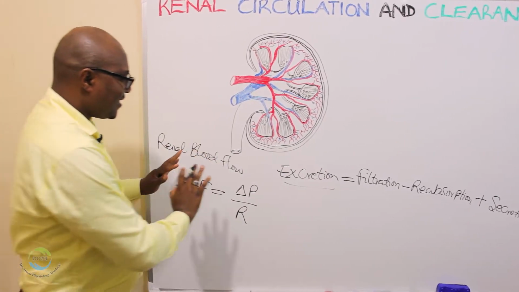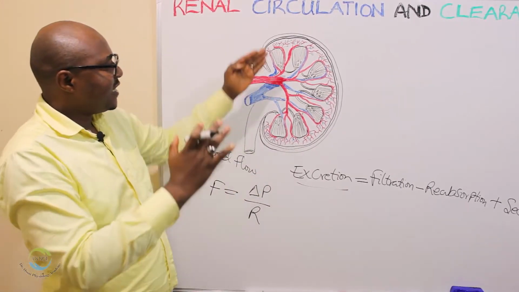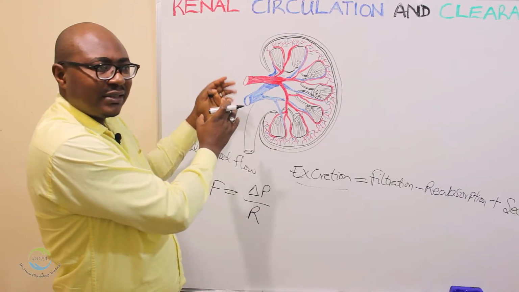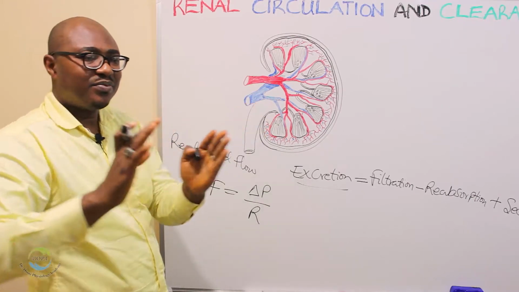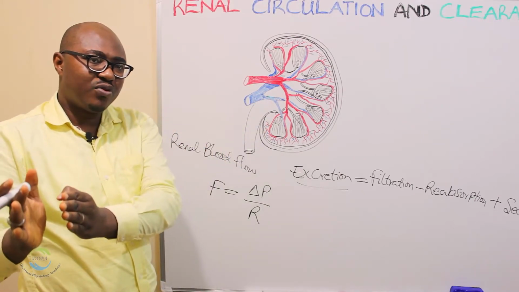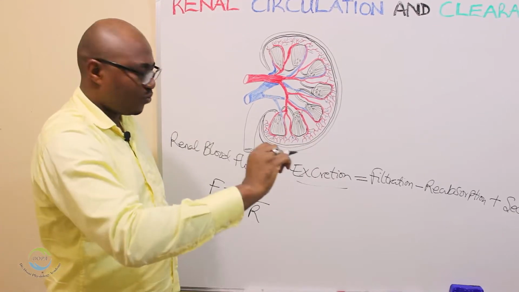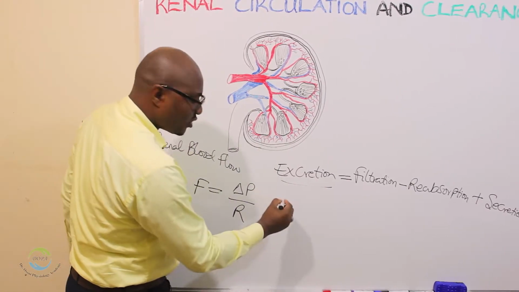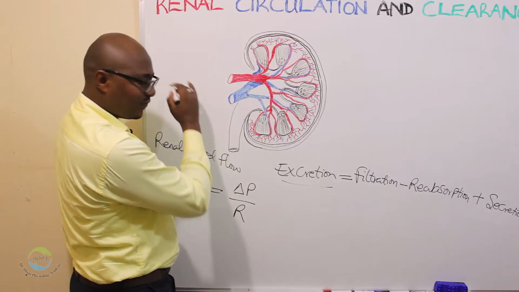This is very basic. Flow is directly proportional to the pressure gradient. It means that if the pressure at the beginning is far greater than the pressure at the end point, it means that there will be a faster flow. Okay? So if you have, let's say, the pressure at the beginning point, which is the artery, the end point is the vein.